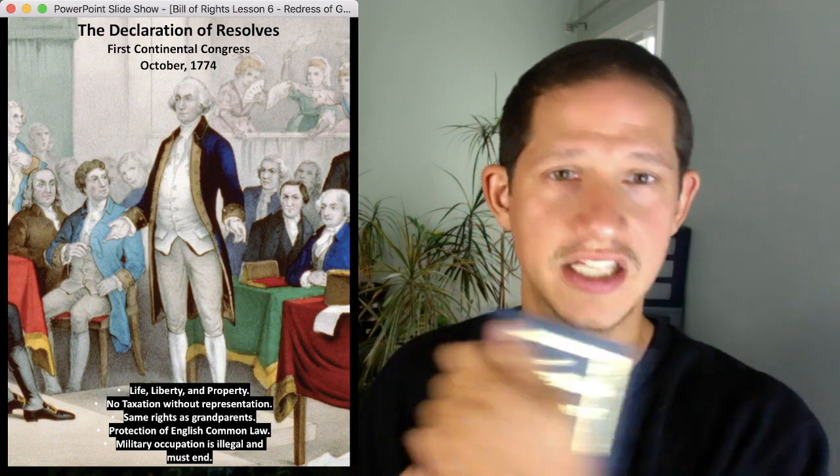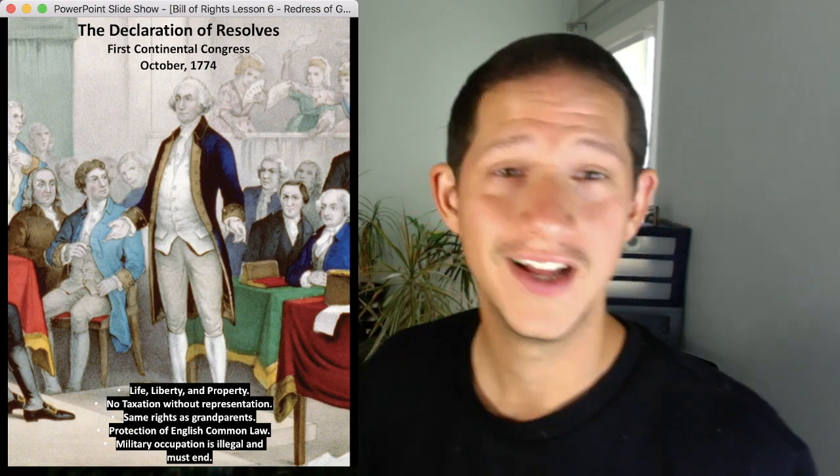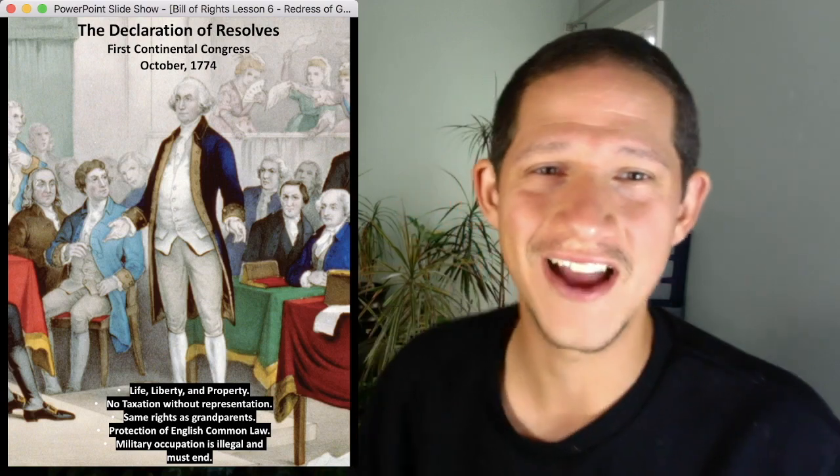If someone else comes and takes this book from me, that would be considered stealing, and it's against the law, right? Property can include a house, it can include your shirt, right? They said in the Declaration of Resolves, we have a right to life, liberty, and property.